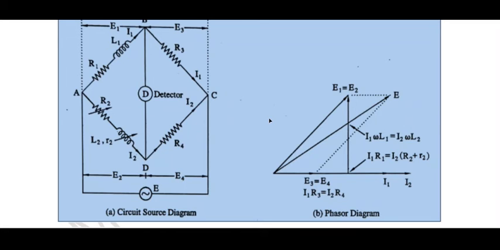Okay, and each and every arm that is given corresponds to E1, E2 and E3, and the combination of all that is the total E. Okay, so for the total voltage we will see the relationship between that, and also the voltage drop across each component. Okay, so we are taking the current I1 as our reference phasor, and over here this current I1 we are taking as our reference phasor. So let's start with each arm.